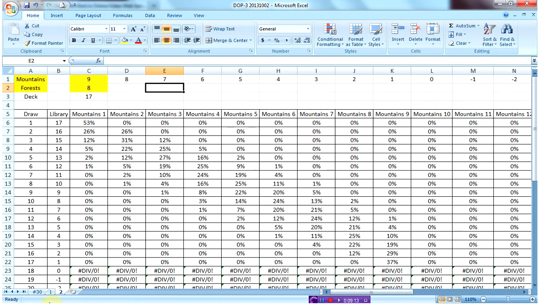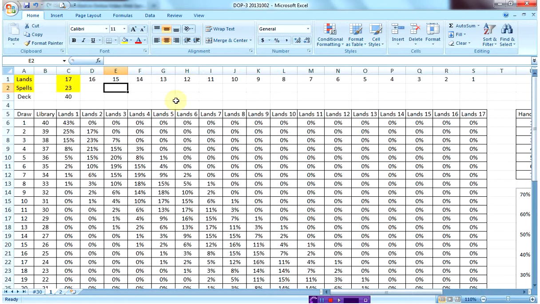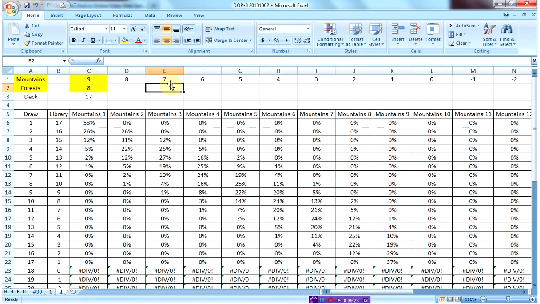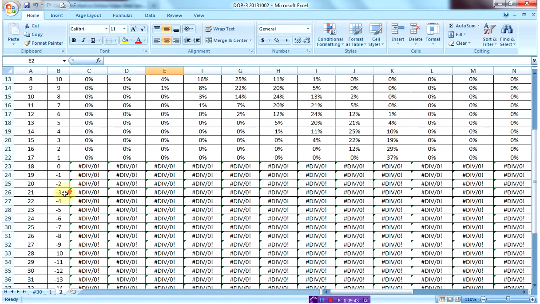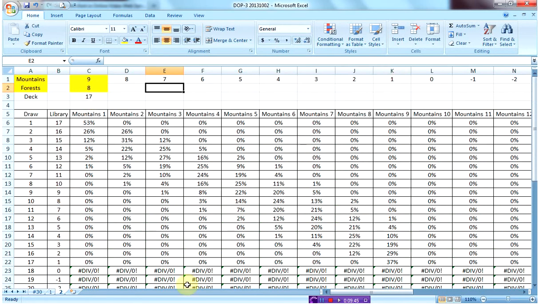So we have our main deck, 40 cards consisting of lands and spells, A and not A. And then if we're looking at just these 17 lands, we can break that down into A and not A, mountains and forests. Some of these cells, you see this divide by 0 error. That's just because we had set this up to go all the way up to 40 cards, and now we're dealing with a 17 card deck here.